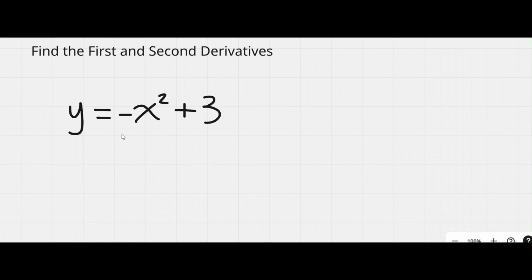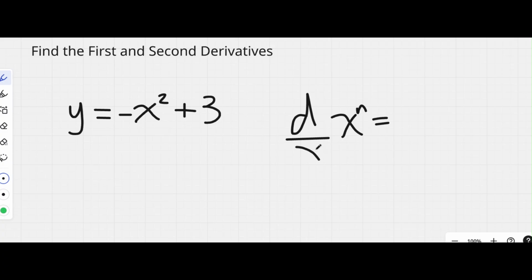So for this derivative, we're going to use the power rule, which is x to the n. The derivative of x to the n, d over dx, is equal to n times x to the n minus 1.